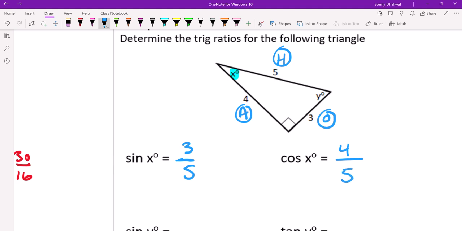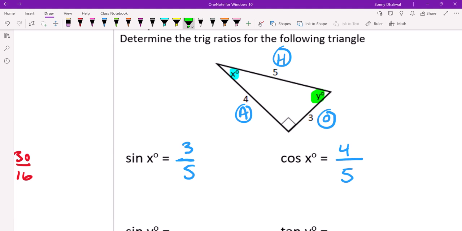Okay, so now if we go to do the y, we need to relabel. Our hypotenuse doesn't change. The hypotenuse is the longest side, but the opposite and adjacent change. Because what side is now the adjacent side to angle y? Is it the 4 or is it the 3?